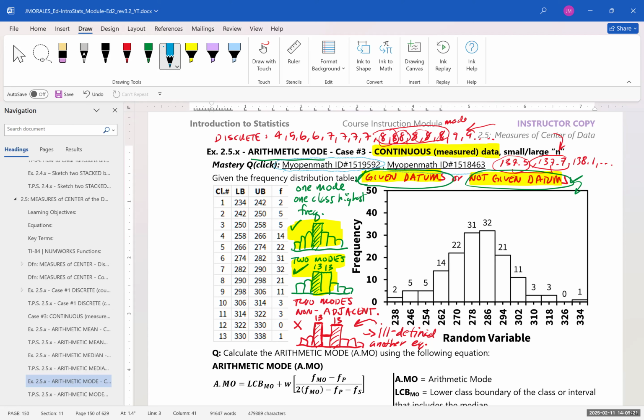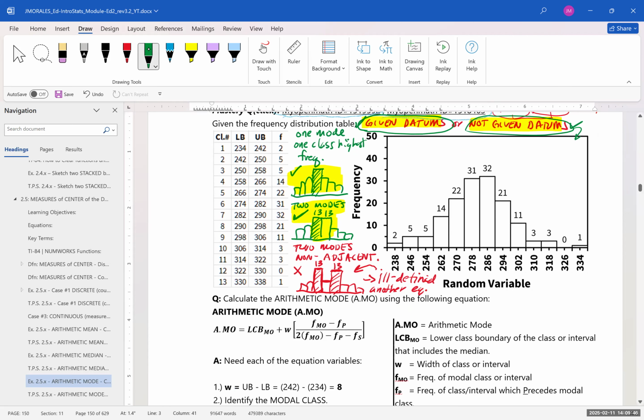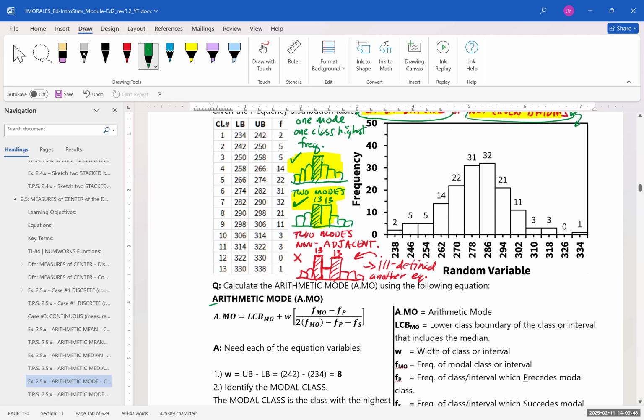If you want more practice with this type of problem, you can click on those links and you can have some MyOpenMath problems crop up and you can check your answers and get new problems so you can master this technique. So let's now dive in and actually look at how to calculate the mode here. So here's the equation for calculating the mode.